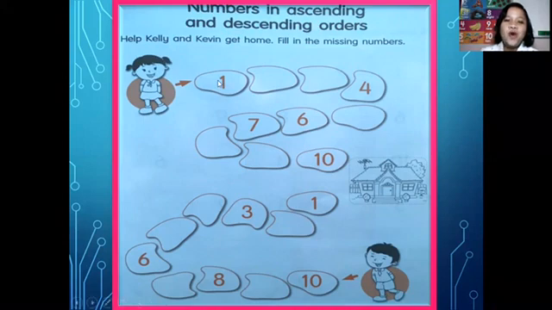Right. So 1 goes up to number, what number? 2. Good job. And number 2 goes up to number 3. Okay. 4.